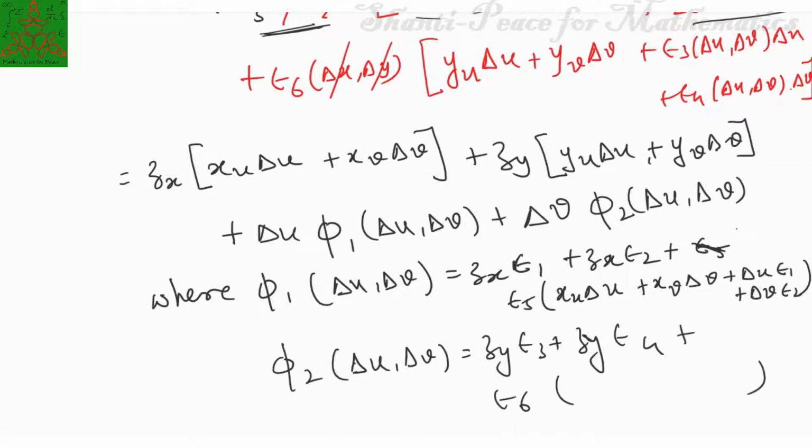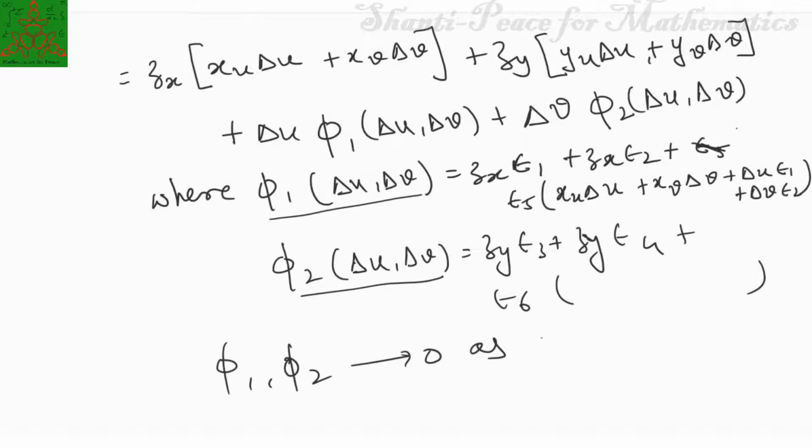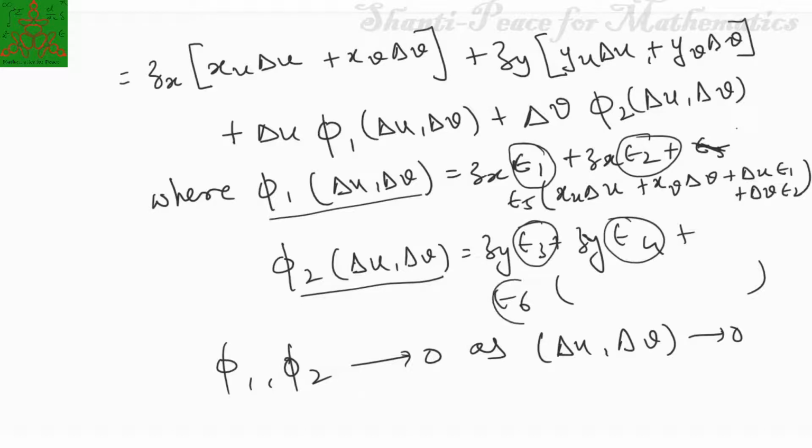You just note that this phi 1 and phi 2 will tend to 0 as delta u delta v tend to 0. That follows from this, because epsilon 1 and epsilon 2 are also tending to 0. Epsilon 3, epsilon 4, epsilon 6, epsilon 5 also tend to 0 as delta u delta v tend to 0.